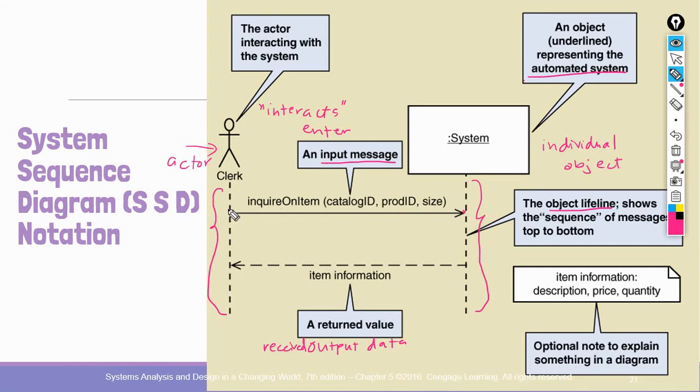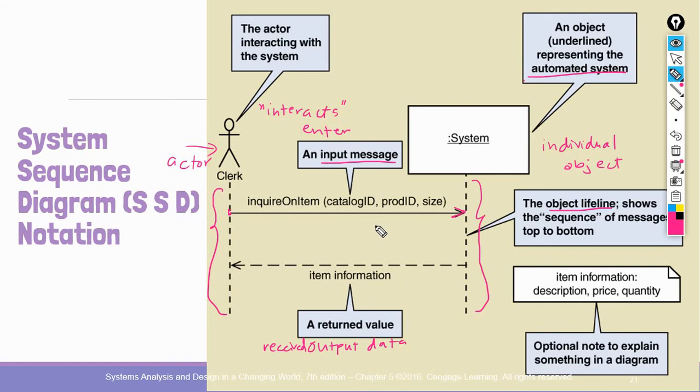The origin of the message is the actor or object that sends it, as indicated by the lifeline at the arrow's tail. Similarly, the destination actor or object of a message is indicated by the lifeline that is touched by the arrowhead. The purpose of lifelines is to indicate the sequence of the messages sent and received by the actor and object. The sequence of messages is read from top to bottom in the diagram.